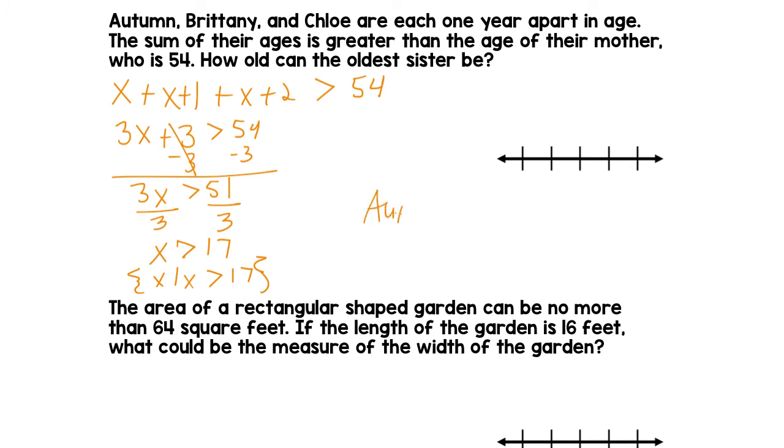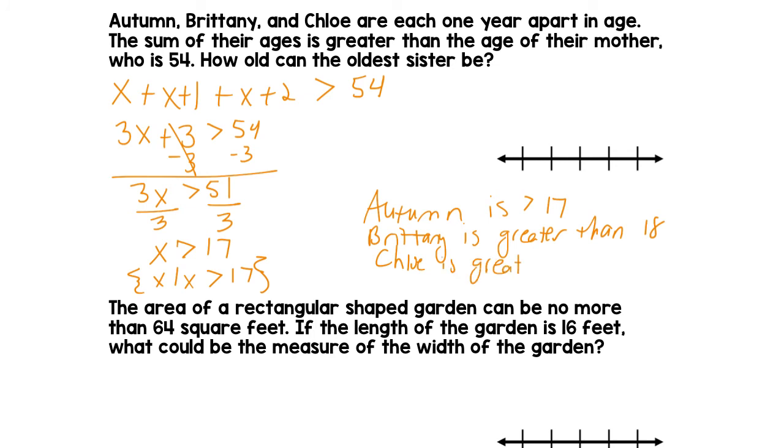So Autumn is greater than 17, Brittany is greater than 18. And that means Chloe is greater than 19. So if 19 is the center of our number line, we get an empty circle because there's no equals included, and we shade to the right.